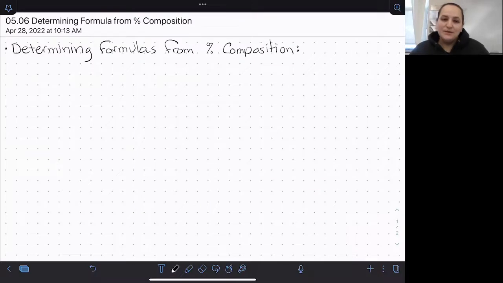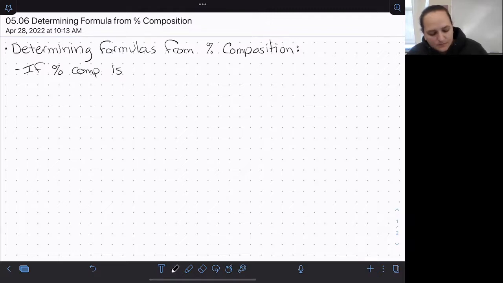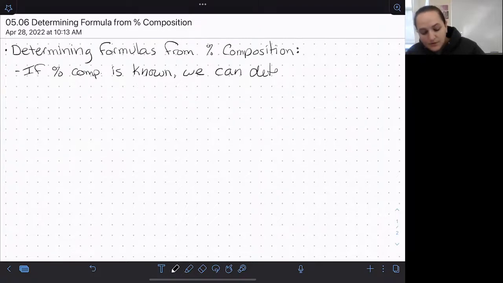In this lesson, we're going to learn how we can use percent composition to determine the formula of a substance. The most useful thing about percent composition information is that if it is known, we can use that to determine the empirical formula of that substance.